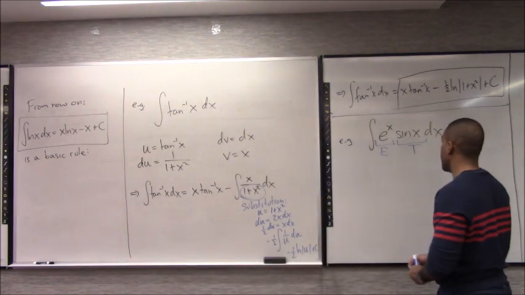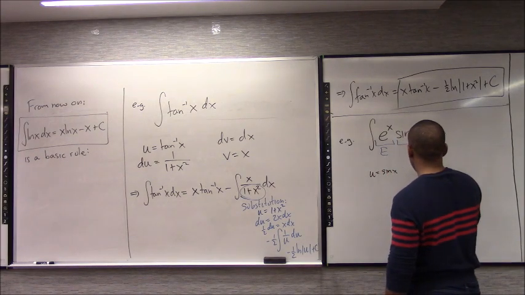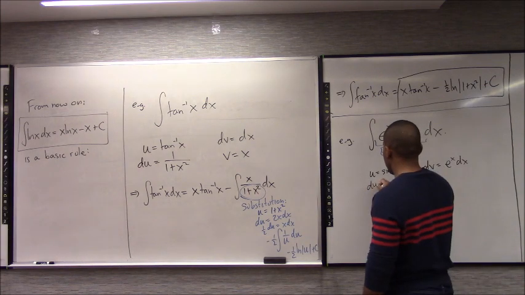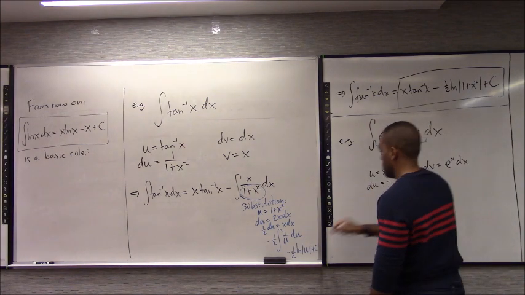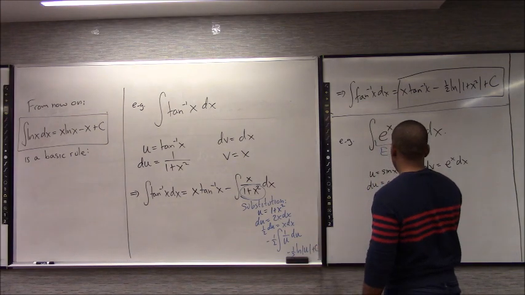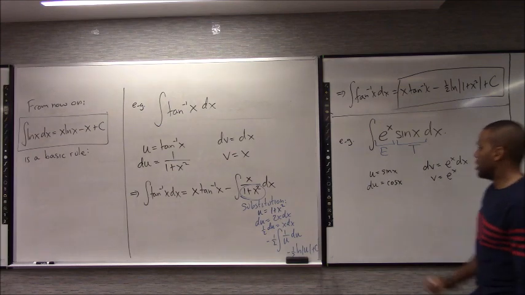But to follow LIATE, I'm going to choose u equals the sine of x, and my dv equals the e to the x dx. My du is going to be, I'm taking the derivative, cosine of x, and my integral of dv is going to be v equals e to the x.